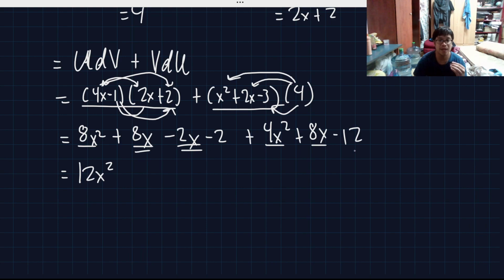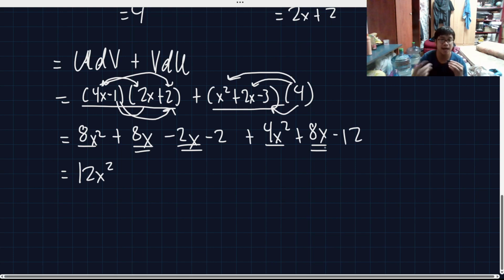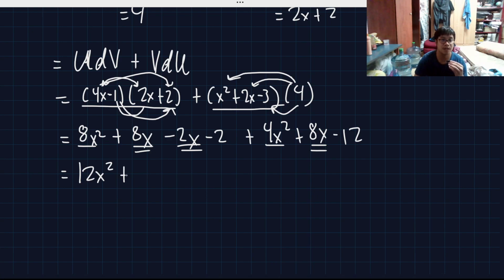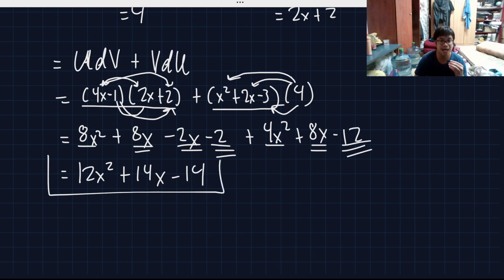We can combine these three terms because all of them have x. 8x plus 8x is 16x, minus 2, that would be 14x. And lastly, we combine the constant terms, which are negative 2 and negative 12. So negative 2 minus 12 is negative 14. And this can be our final answer.